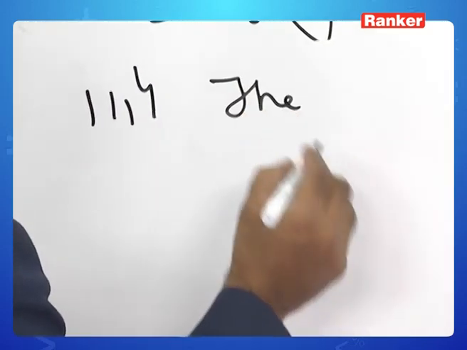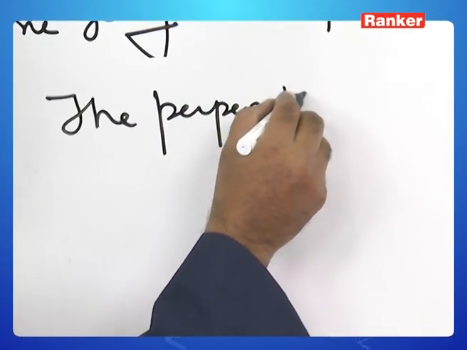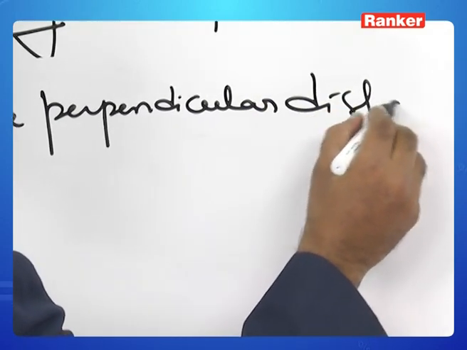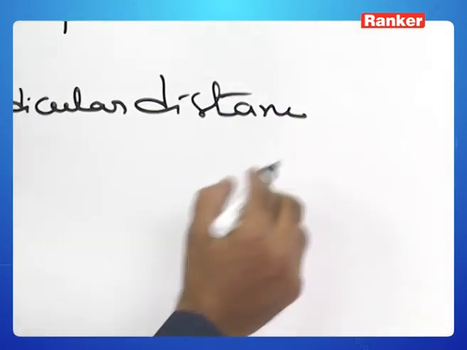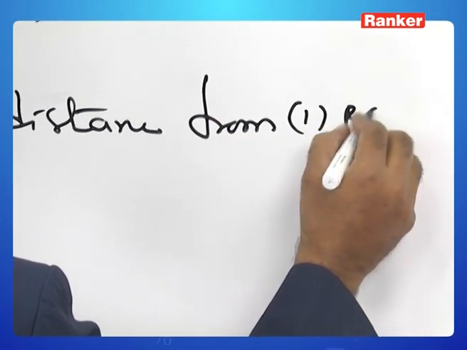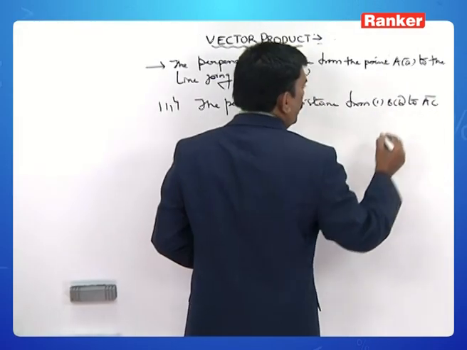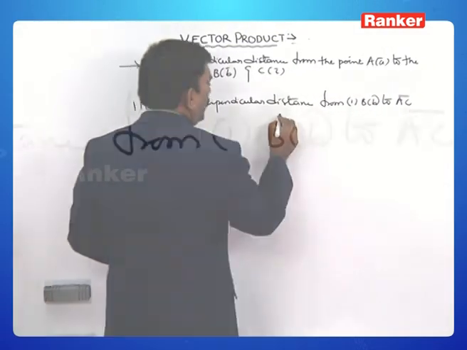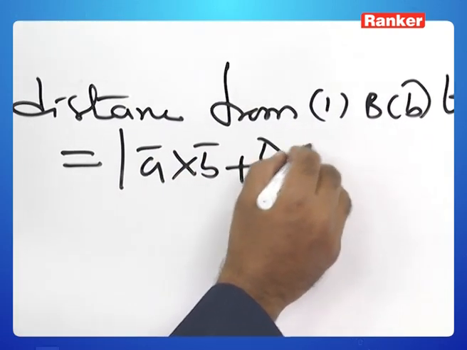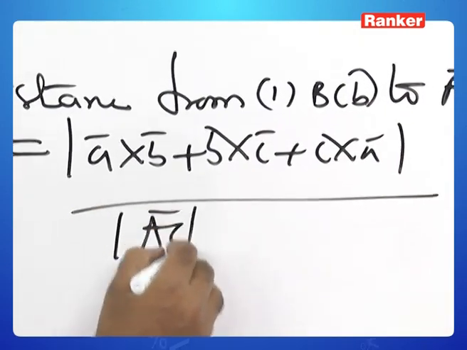Similarly, the perpendicular distance from the first one, B of B bar to AC, is equal to modulus of A bar cross B bar cross C bar cross A bar by modulus of AC.